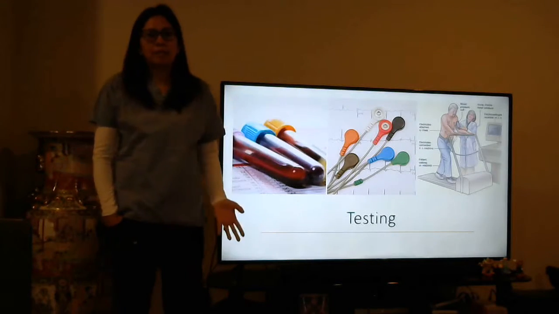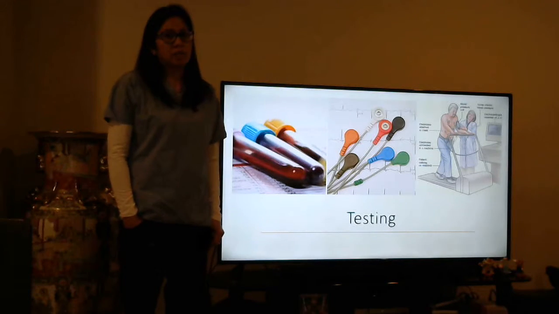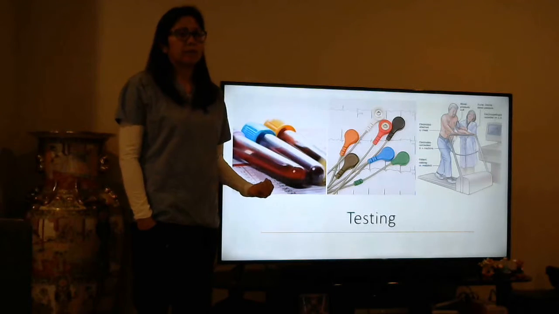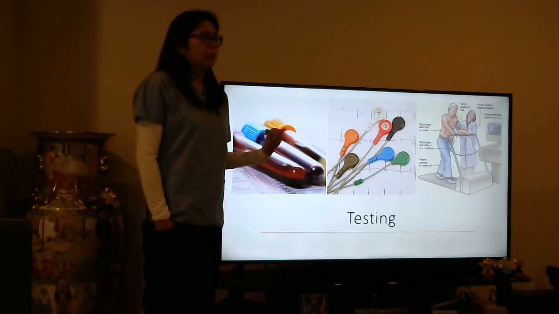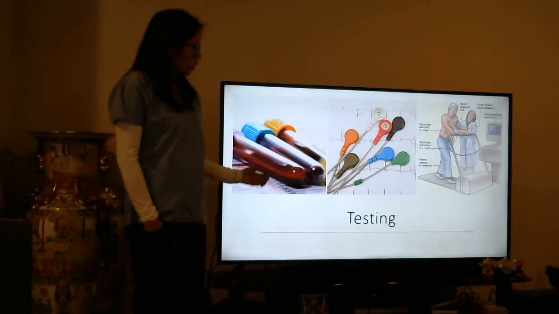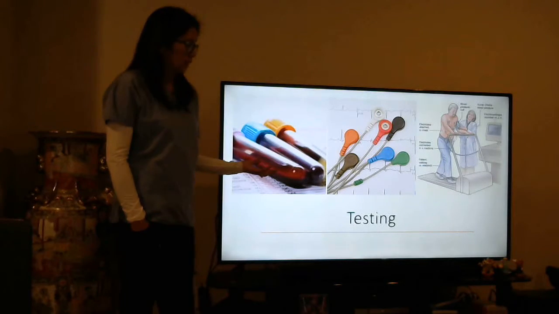So how does this happen? How do we know that it's even happening? We can start by seeing that if we are hypertensive, if we are diabetic, if we're getting peripheral artery disease, if we're having angina, those are disease processes that occur because of atherosclerosis. So we get tested. Our lipid panels and cholesterol panels are tested.